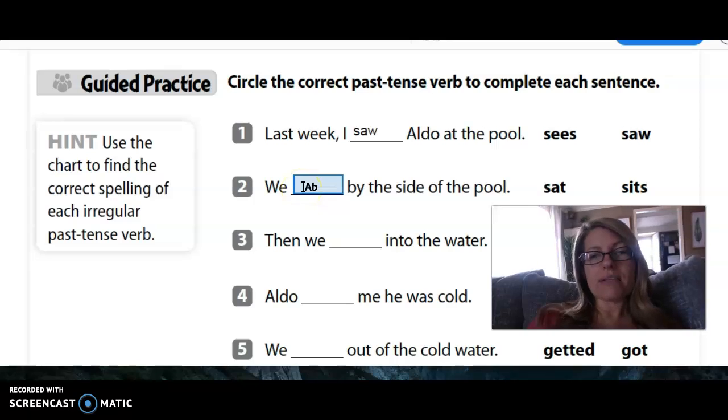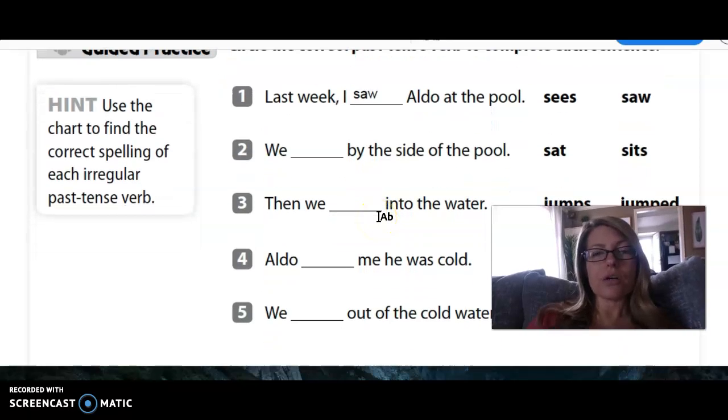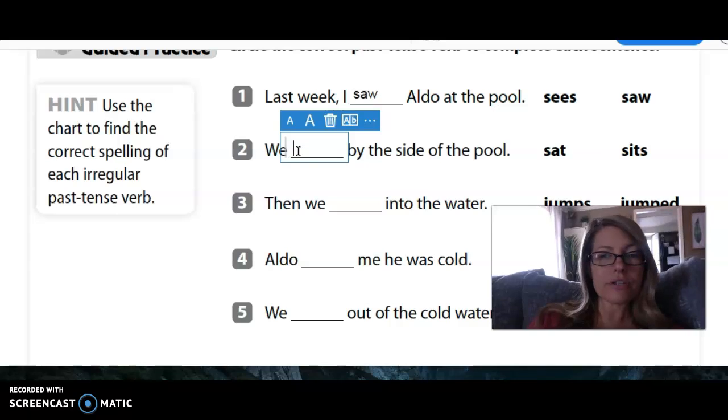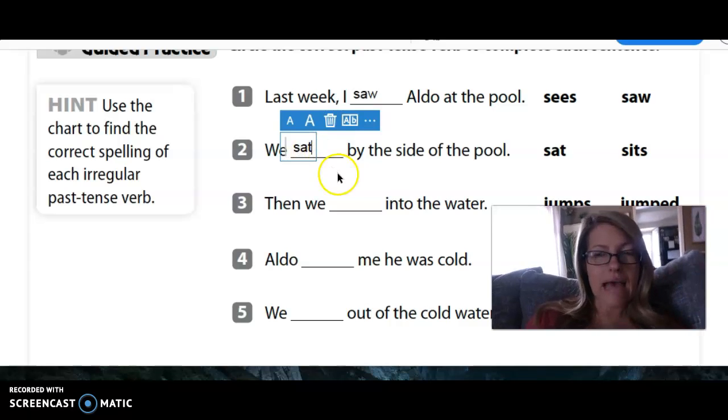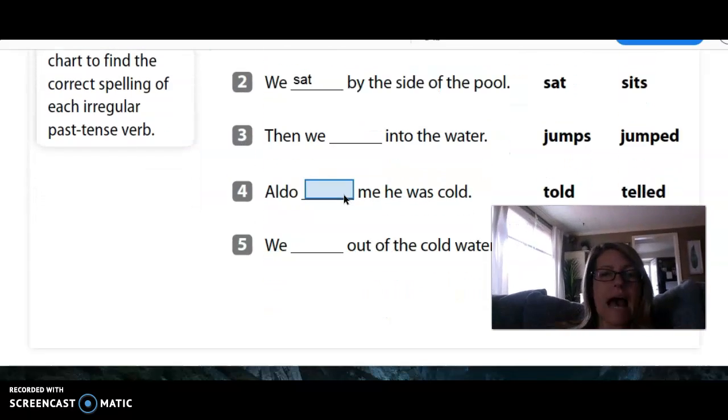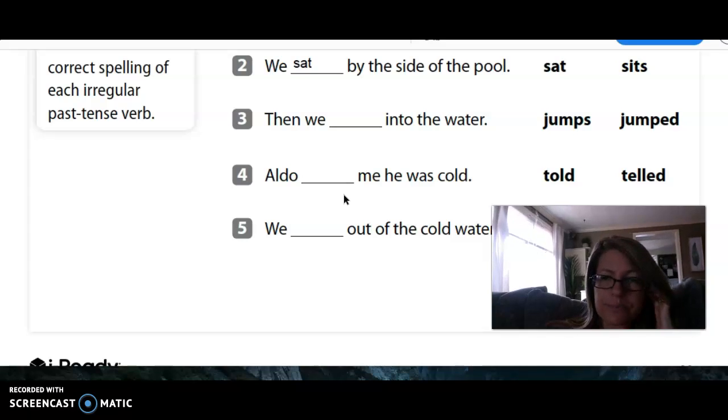Number 2, we blank by the side of the pool. Okay, what's the correct past tense way to write that verb? We sat by the side of the pool, or we sits by the side of the pool. The correct irregular verb would be sat. We sat by the side of the pool.